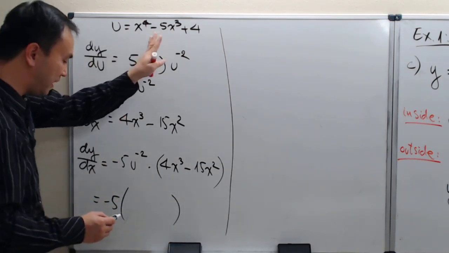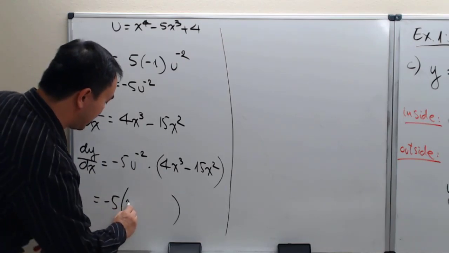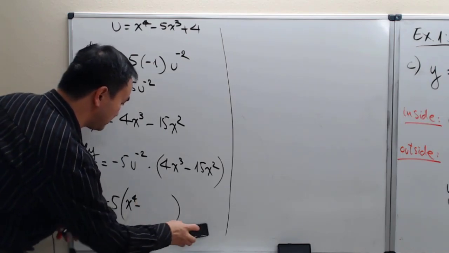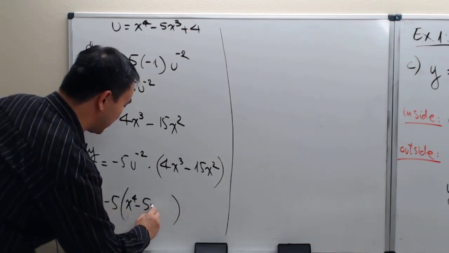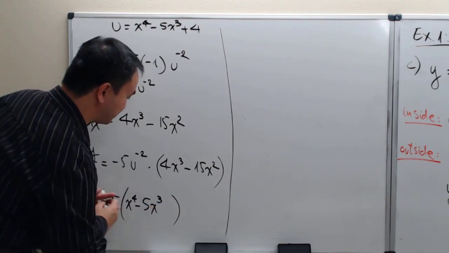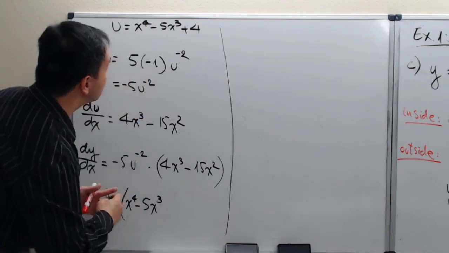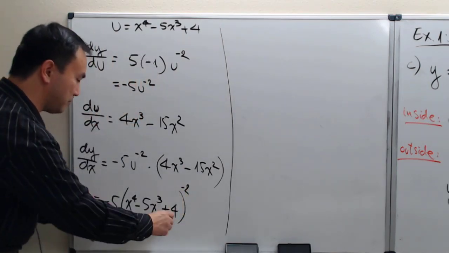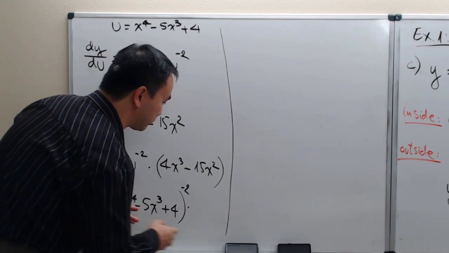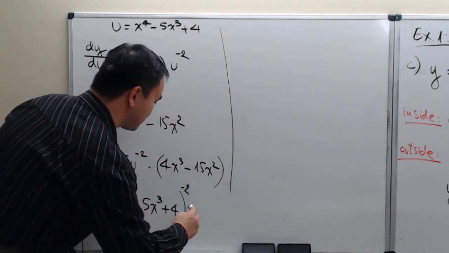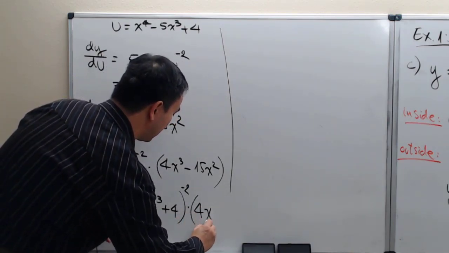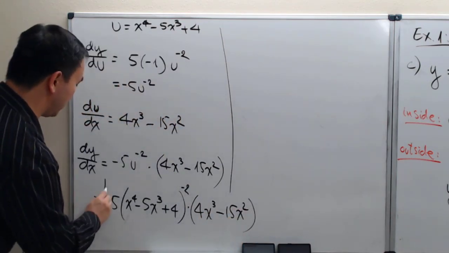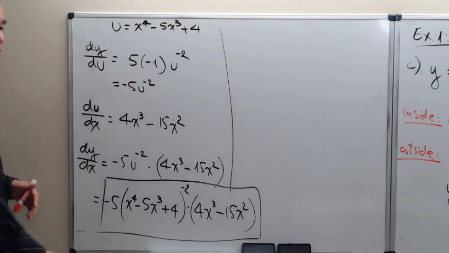The u was defined, was substituting for x to the 4th minus 5x cubed plus 4, and to the negative 2 power, so in parentheses to the negative 2 power, and multiply with all that 4x cubed minus 15x squared. Okay, so now we've found another derivative.